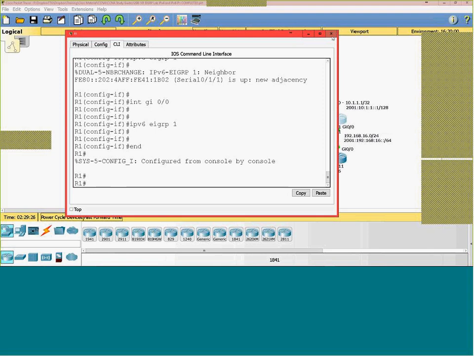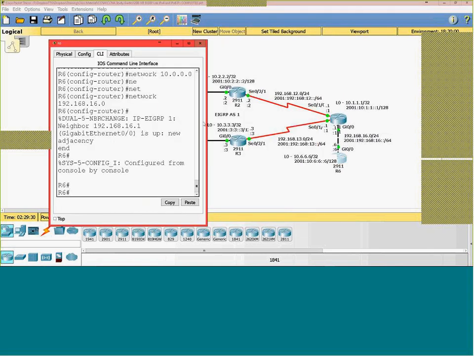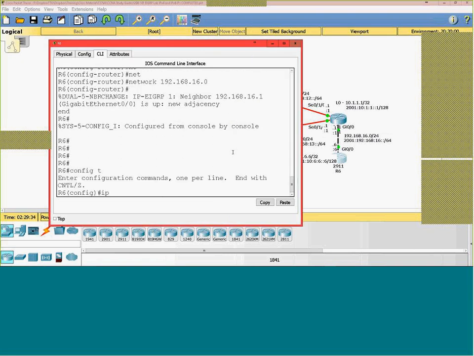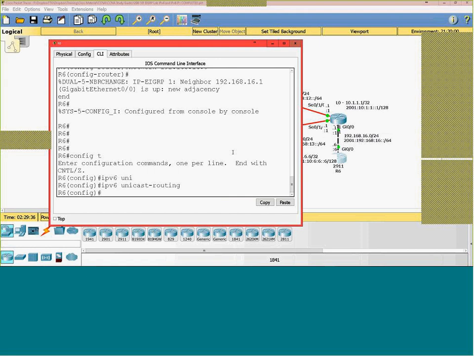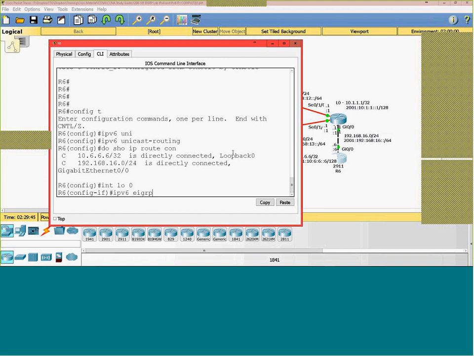And lastly, router 6. Config T, IPv6 unicast routing. Do show IP route connected. Interface LO0, IPv6 EIGRP1.